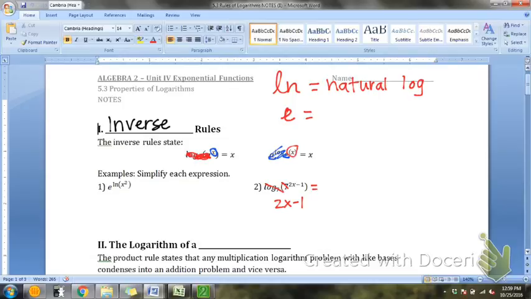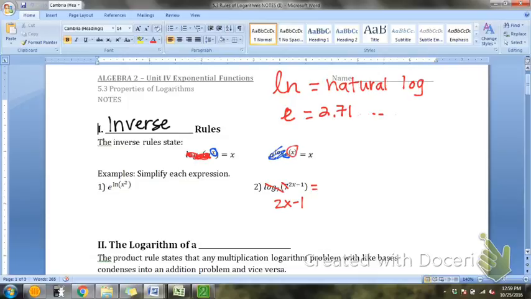On your calculator, if you hit second ln, it pops up an e, right? Let's do e to the first power. It automatically pops up an exponent. Put 1 in there. What do you get? 2.71 and so on, right?